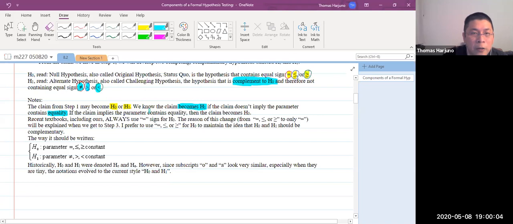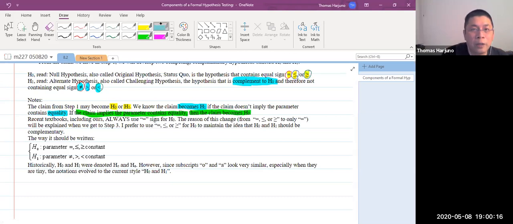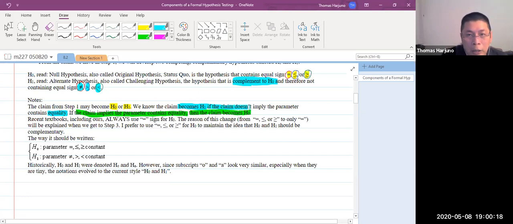If the claim contains equality, then the claim becomes the null hypothesis. If it does not contain equality, then it becomes the alternate hypothesis.